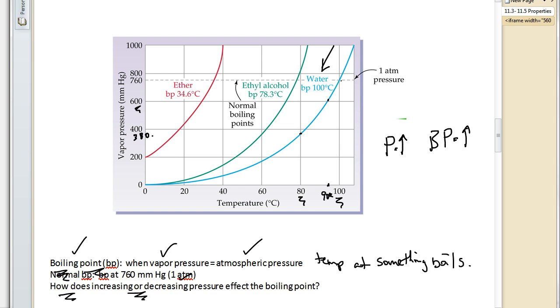And so as you notice up here on the water line, once again, if we want to get water to boil at a higher temperature, we have to increase the pressure. And as our pressure decreases, let's say if we were to go up in the mountains and there's less pressure up there, then our boiling point is going to decrease, which is why it takes longer to cook things in the mountains, because the water doesn't get as hot.